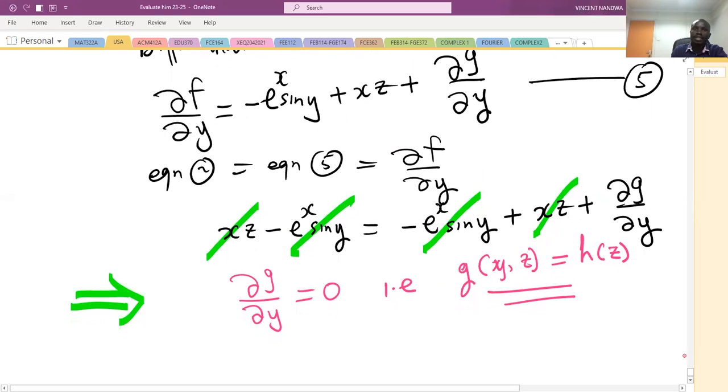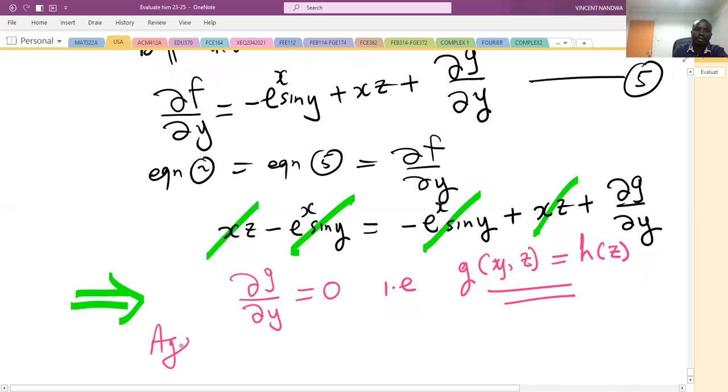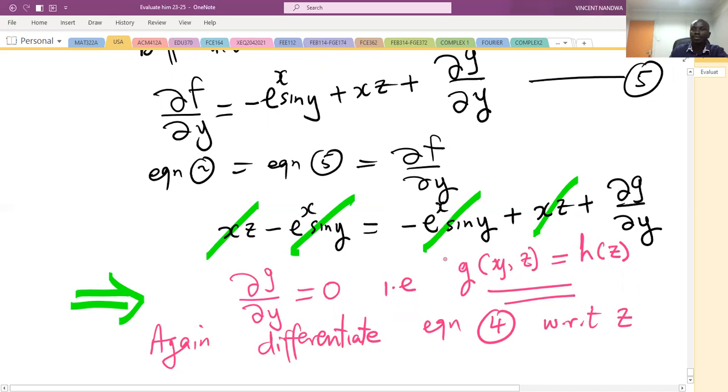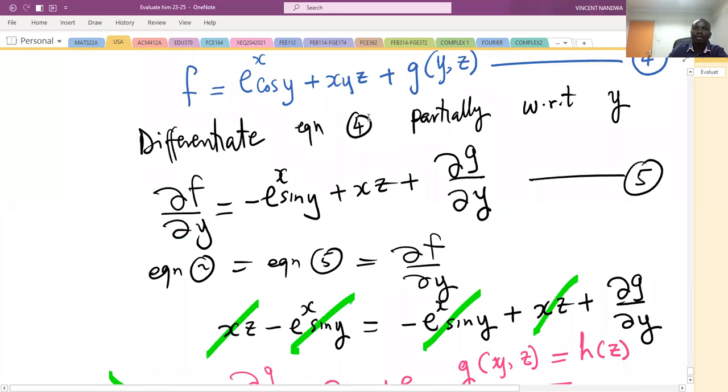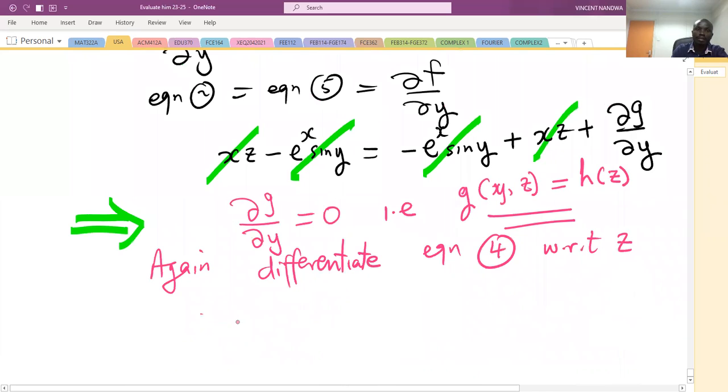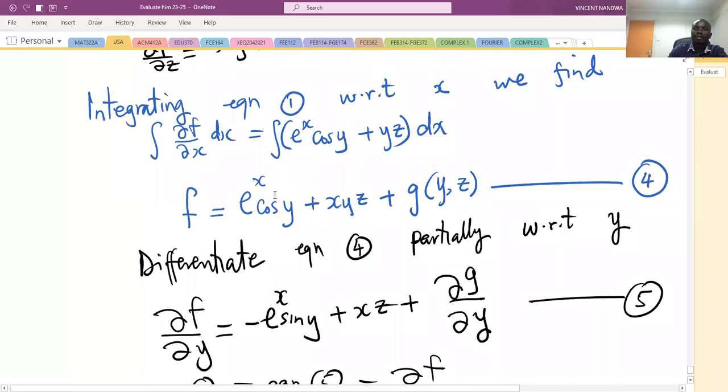So therefore, let's again differentiate equation 4, now with respect to z, because this one has not helped us to find g properly. So with respect to z, partial f partial z will be equal to 0 for the first term because there's no z there.